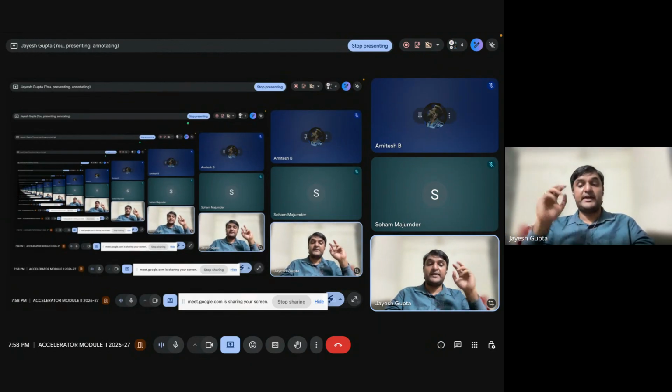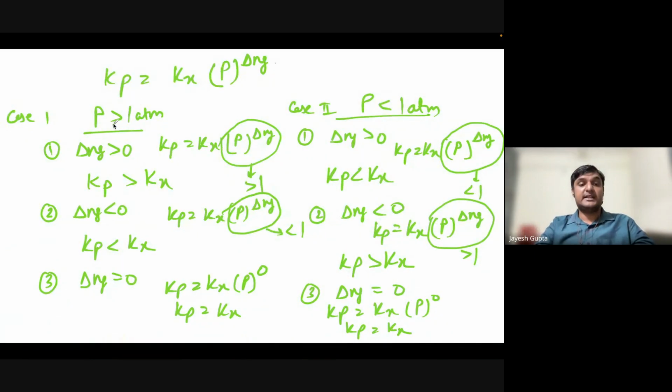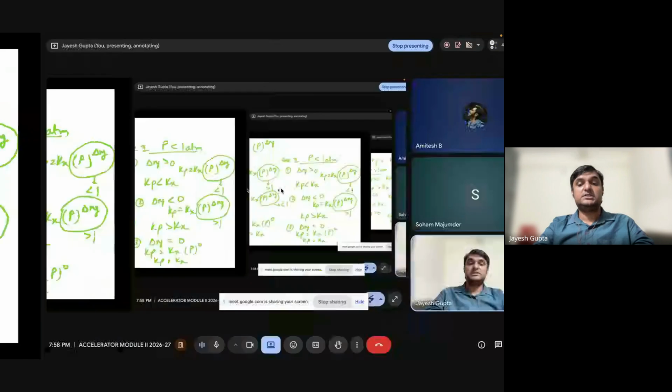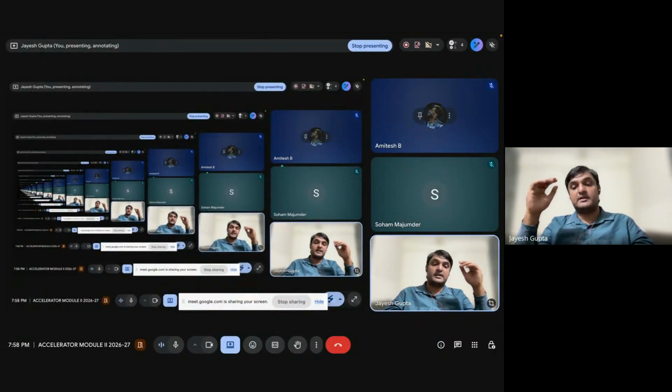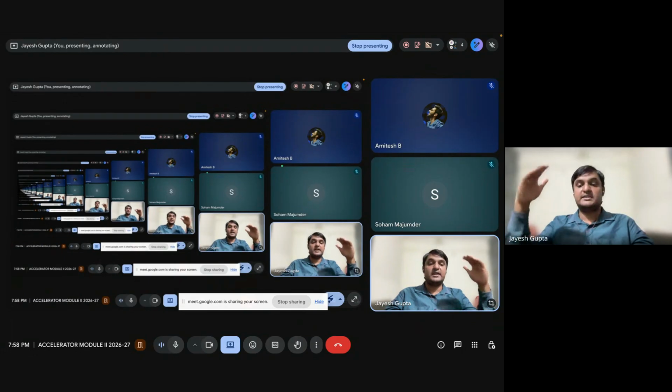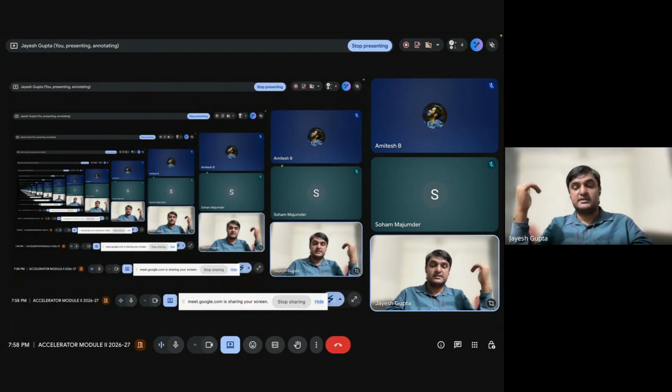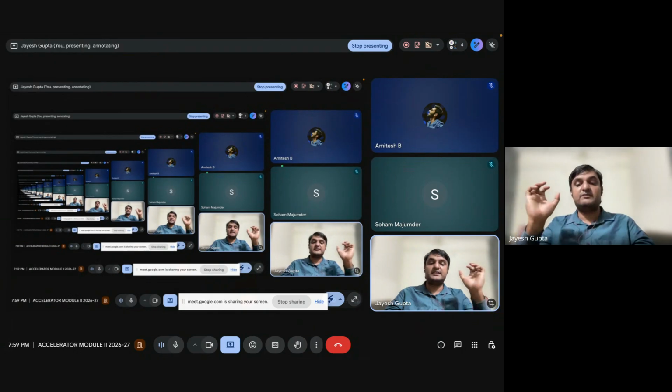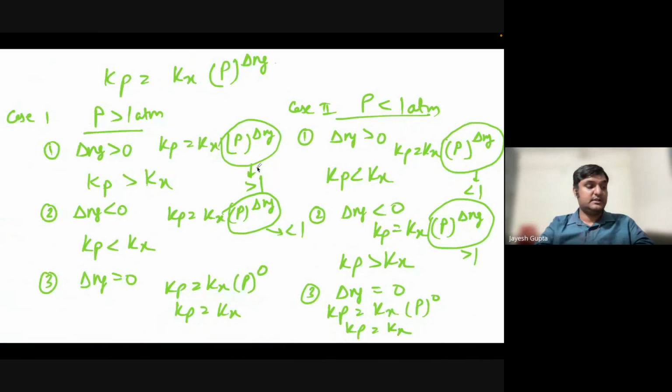So I have taken two cases here, when your pressure is greater than 1 atm and when pressure is less than 1 atm. Because when you have a quantity greater than one and you raise it to a power, it increases. But if you have some fraction less than 1 and then you raise it to some power, it will decrease. So that we have to see here.